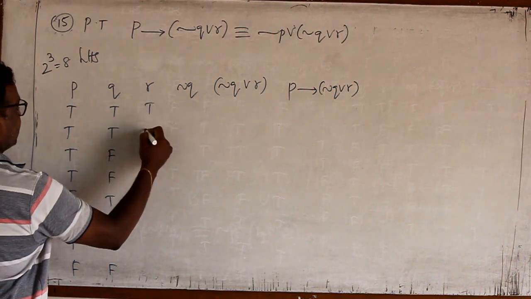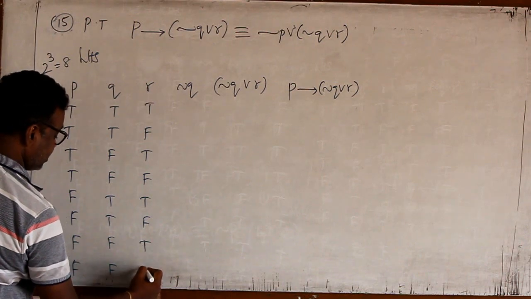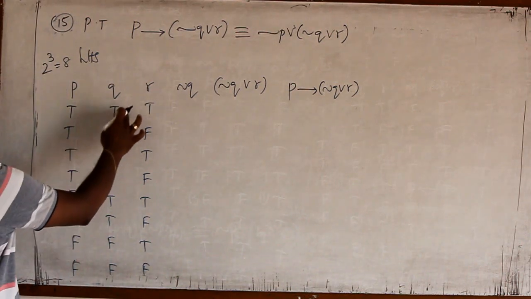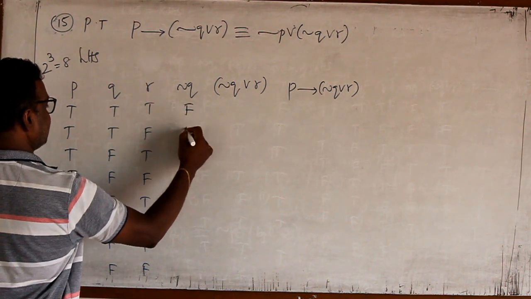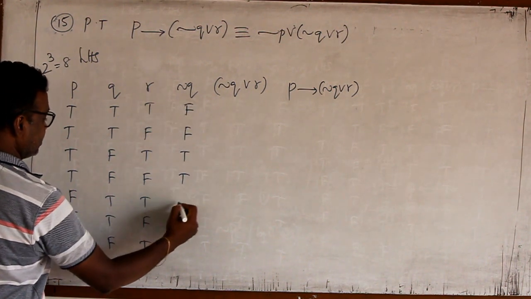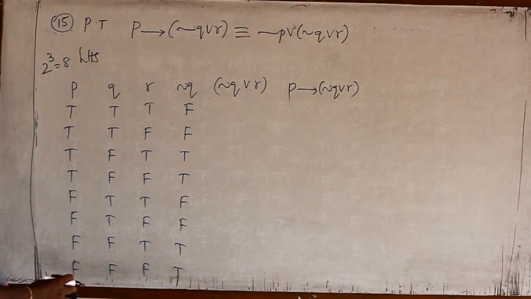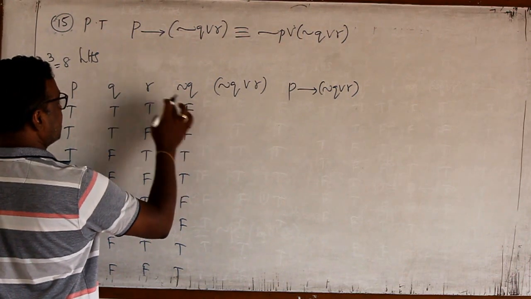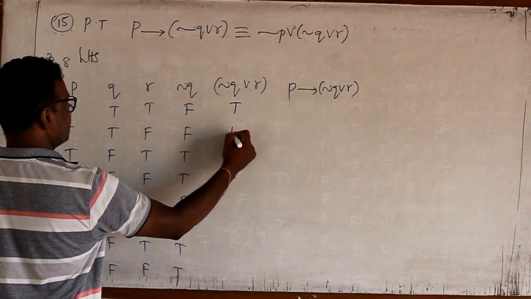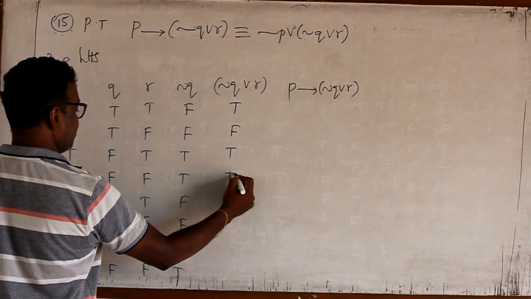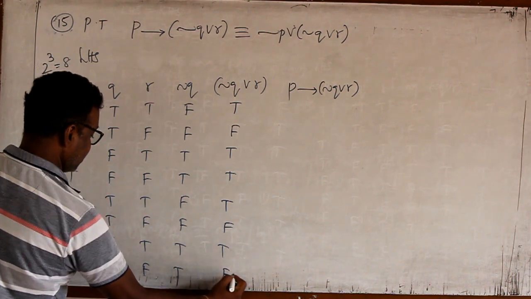R: 1 T, 1 F, 1 T, 1 F, 1 T, 1 F, 1 T, 1 F. I need negation of Q, so let us start with F, F, T, T, then F, F, T, T. Now negation of Q, R, we must add these two: 0 plus 1, 1, 0, 1, 1, 1, 0, 1, 1.